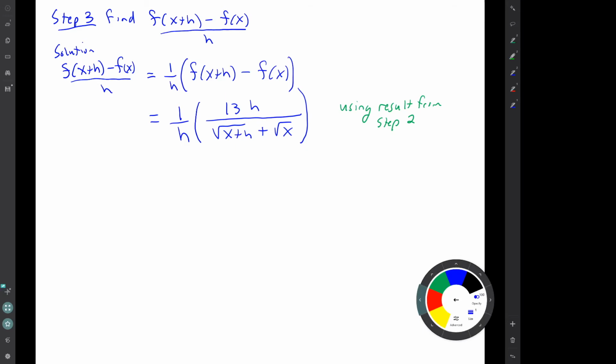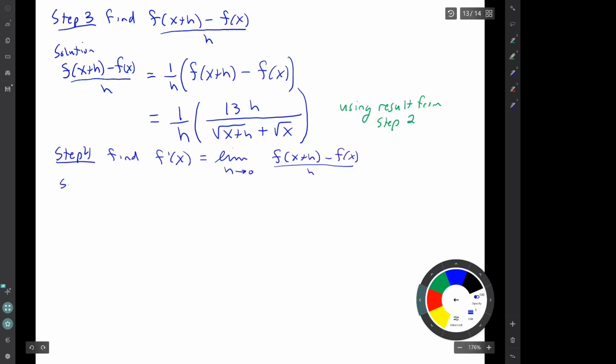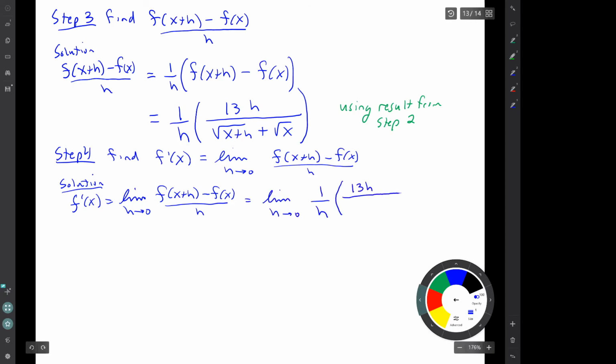Finally, in step 4, we build the expression for f prime and compute it. So there we've used the result from step 3.